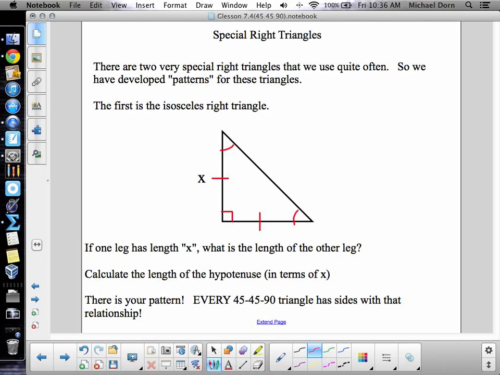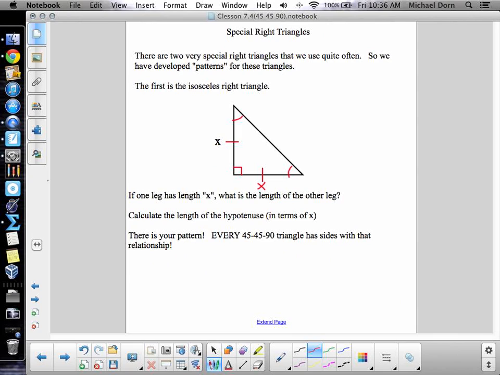But what we want to do is, okay, if this leg is x, then this leg must also be x. What is the length of the hypotenuse in terms of x? Well, what we have to do is set up a Pythagorean theorem, don't we? I'm going to call this n for the moment. Let's temporarily call that n.